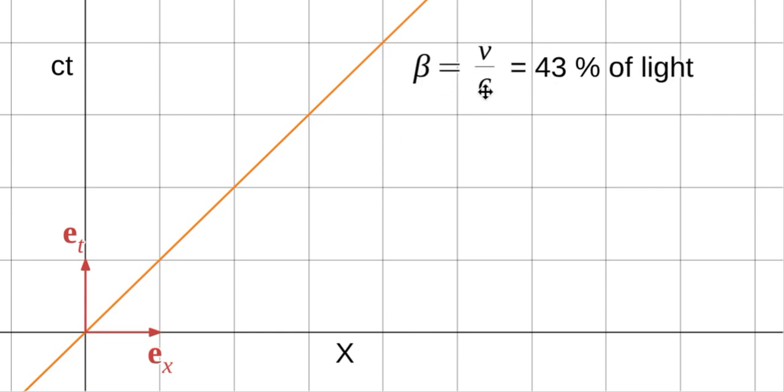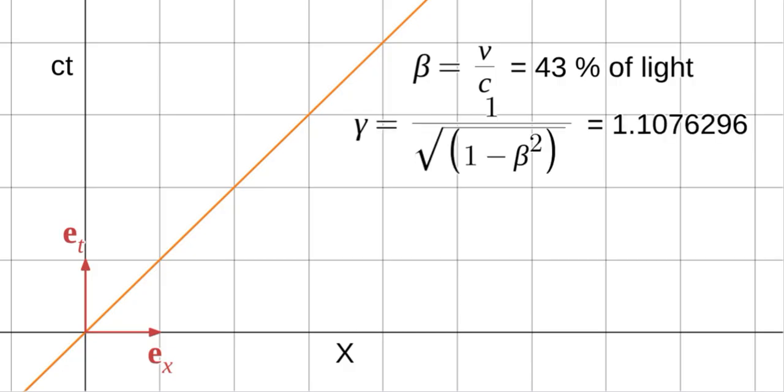Okay, so the first thing we need to do is define this thing called beta. Beta is equal to the velocity that someone is traveling divided by the speed of light. I've got it set right now to 43% the speed of light. Now that we've got beta, we can define this other thing called gamma.